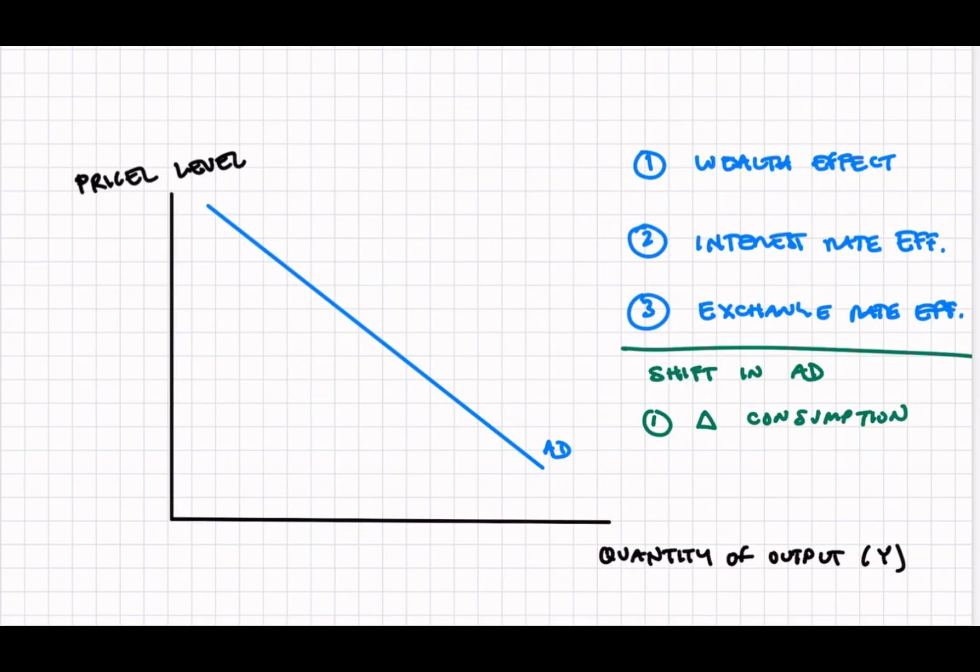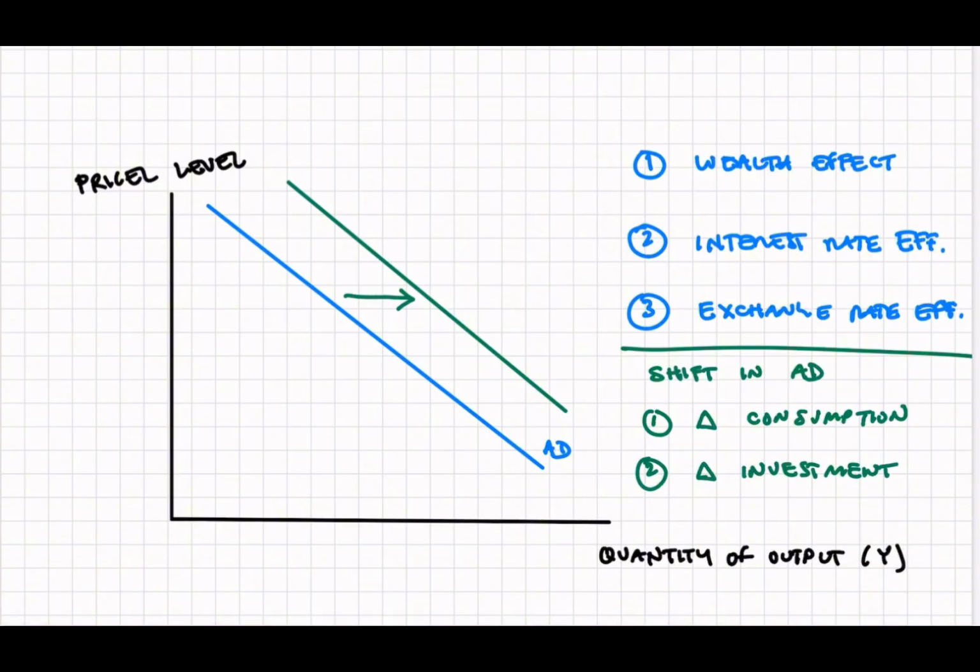Well, we might also think a second thing that might change aggregate demand would be changes in investment. Let's suppose a new technology comes out. Let's call it AI. Would firms be willing to borrow money and invest more in artificial intelligence technology? The answer is yes. Well, if this is the case, then this would cause an increase in the aggregate demand.